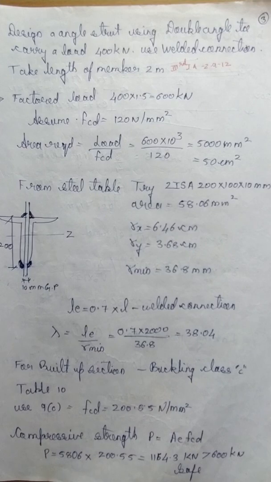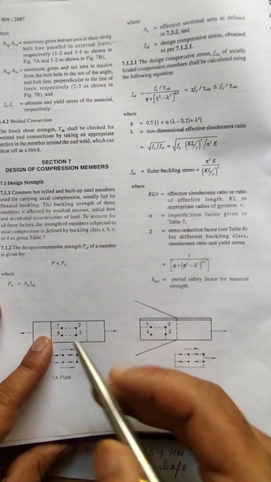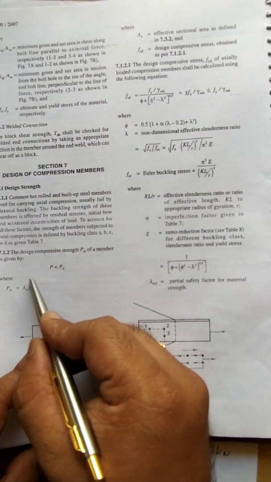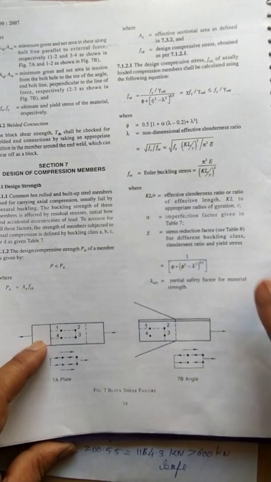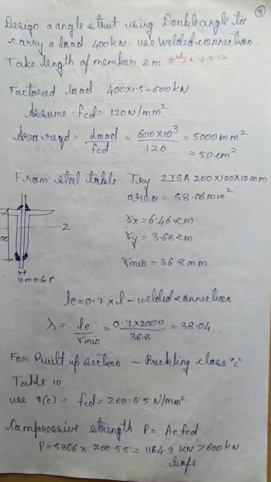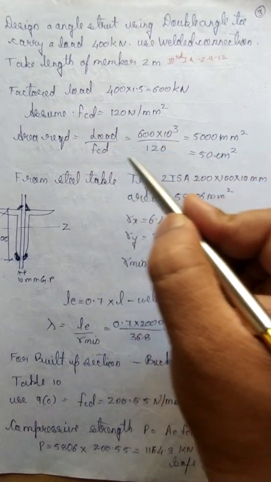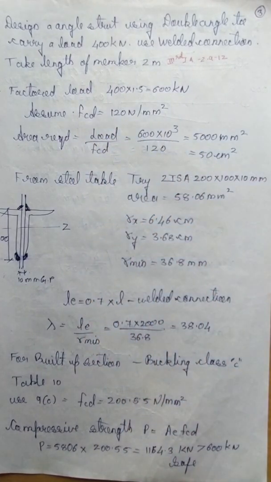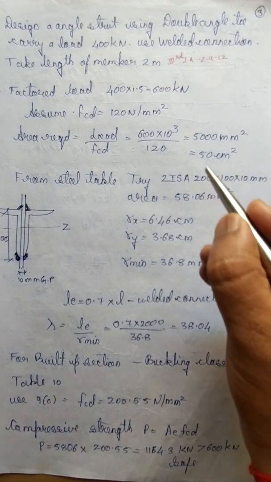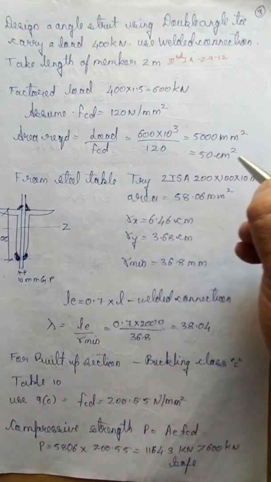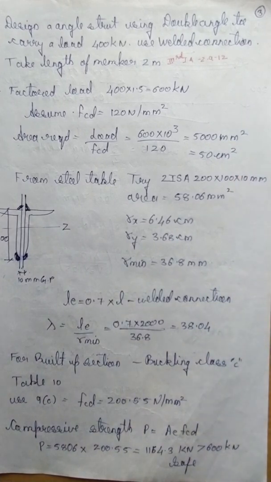So let us assume the FCD value. You can see PD is equal to A into FCD, both are unknown. So I will assume FCD. So assuming FCD to be 120 Newton per mm square. So area required, we get load divided by the FCD, which is working out to be 50 centimeter square. Remember, whatever area we are getting, this is whole together for a double angle section.